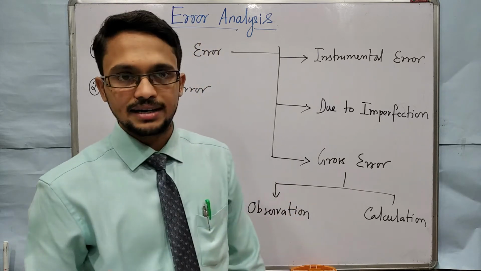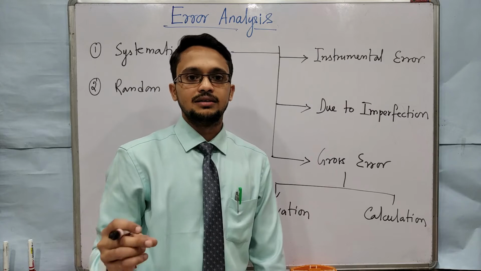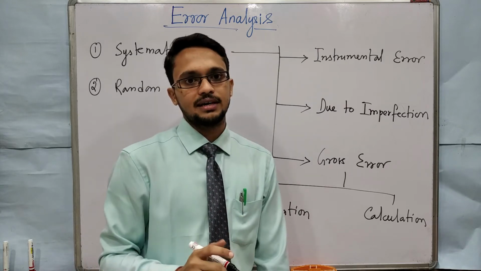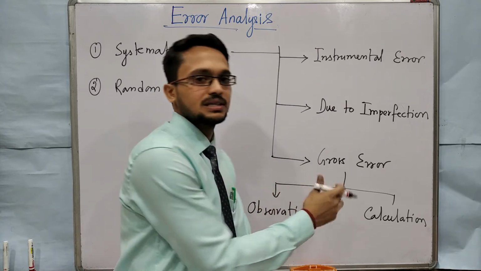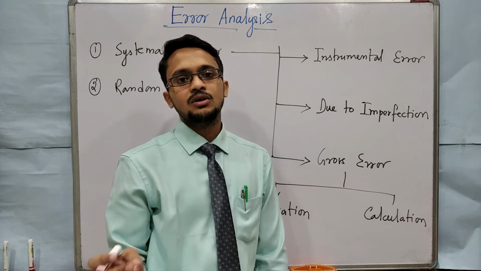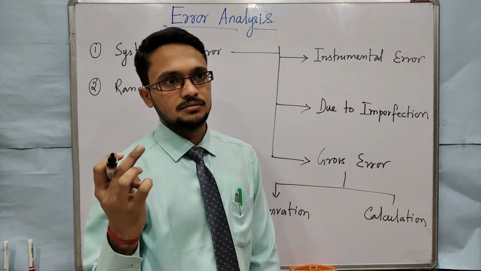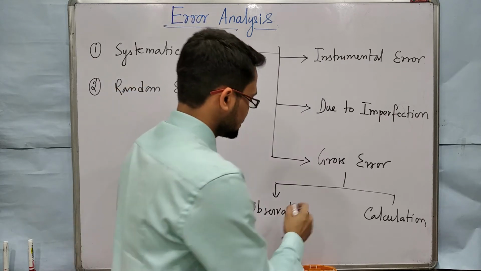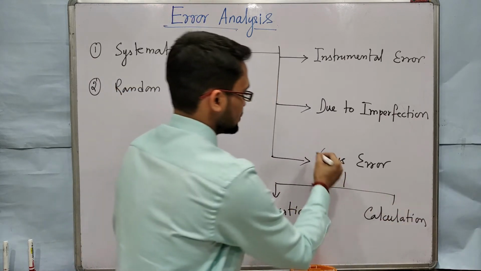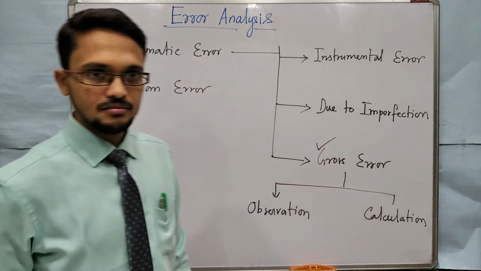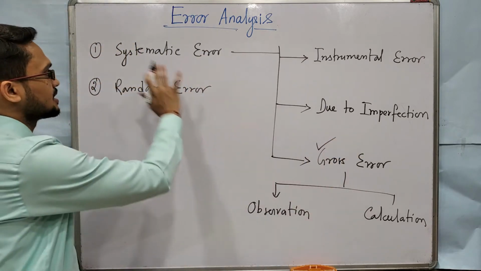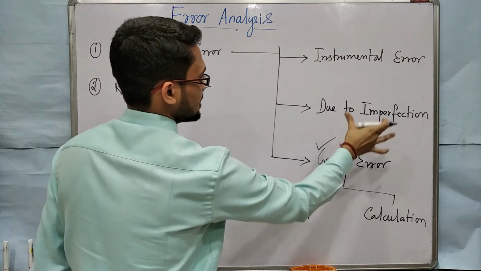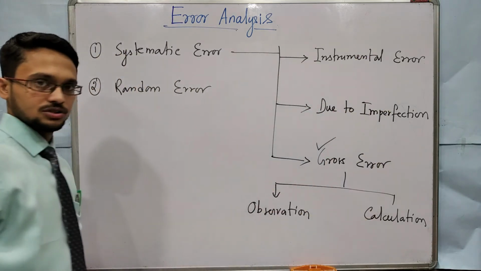And when we compute the physical quantity using the known physical quantities, then due to lack of care in calculation we get a little bit of error. These two errors combined together give gross error. So these are systematic errors: instrumental, then imperfection, then gross error.